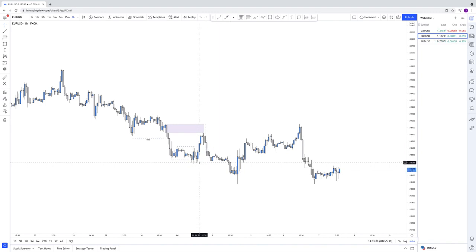Okay, so just to recap, this is still a continuation trade, and bear in mind that on lower time frames, as you've seen in part one, we would get involved in this trade by lower time frame breaks of structure, whether that's going to be a double or a single BOS.